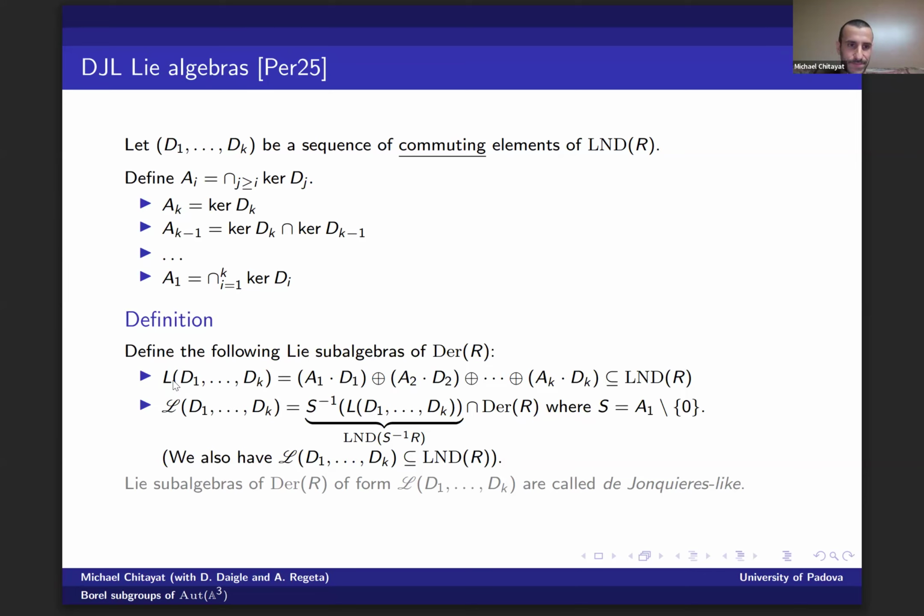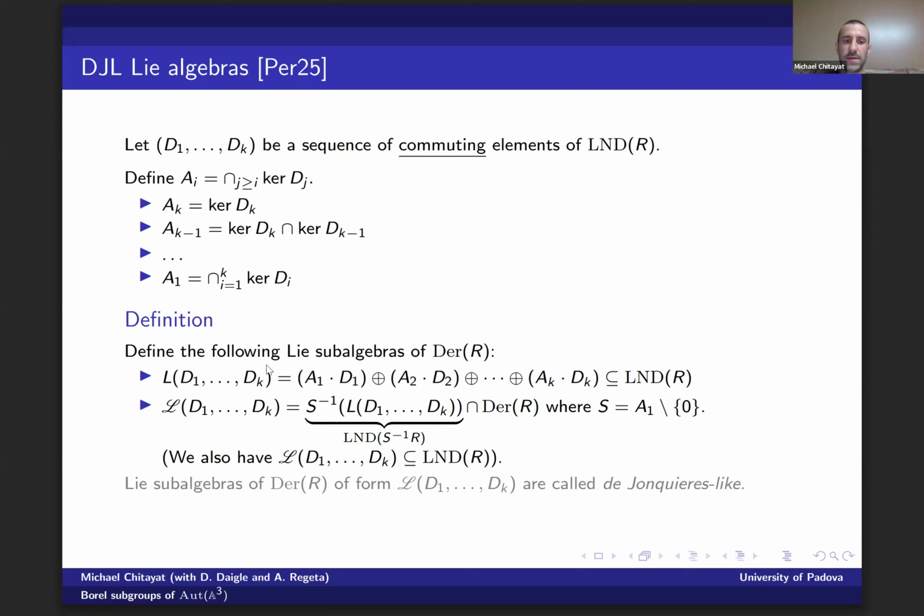You define this straight L of d_1 to d_k to be this direct sum. You take the intersection of all the kernels, you multiply it by d_1. You take the direct sum with the intersection of all but one of the kernels, multiplied by d_2, and so on, up to the kernel multiplied with the last derivation.